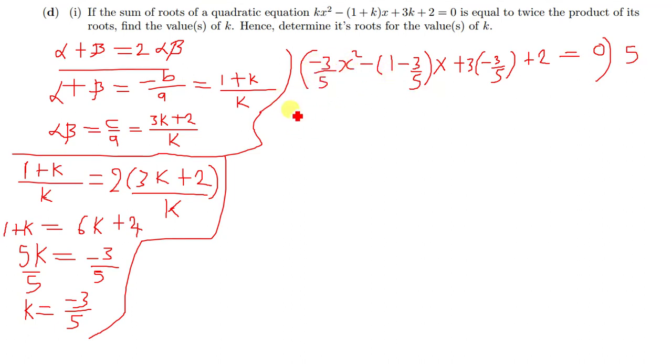So we multiply negative 3 over 5 times 5 there, you just remain with negative 3 x squared, then minus, so this is just going to be 5 minus 3, and then we have x outside, and then we say plus 3, there we have negative 3, so we're multiplying all the terms by 5, then there we have 10 being equal to 0.